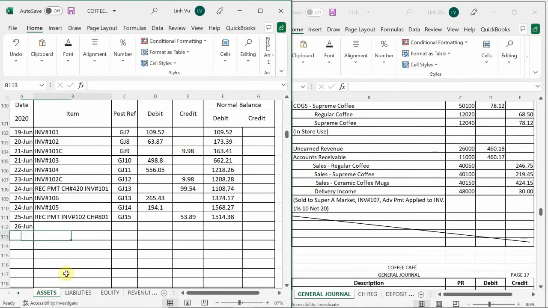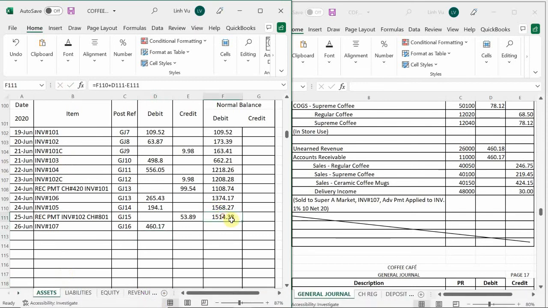So in this case, we have an invoice number 107. 107, right? Okay. For a total of 460.17.